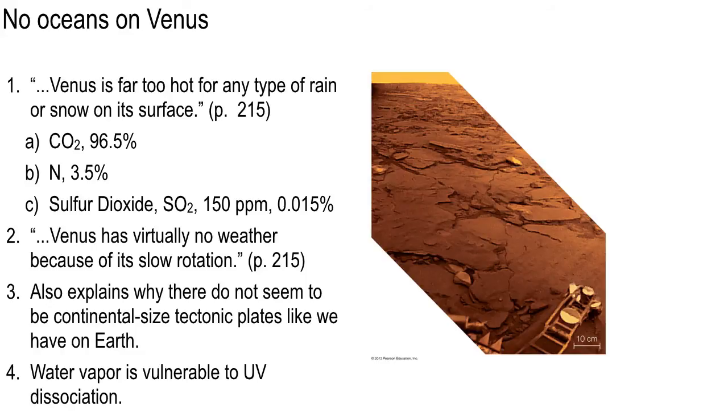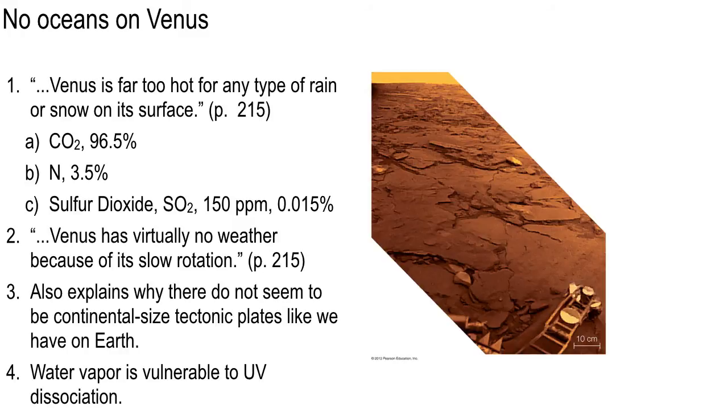The water vapor on Venus is vulnerable to dissociation by ultraviolet. As I said, it's a hostile environment. It's closer to the sun. So all the UV that gives you sunburn, you'd have to have like SPF 9000 to get through the day on Venus.